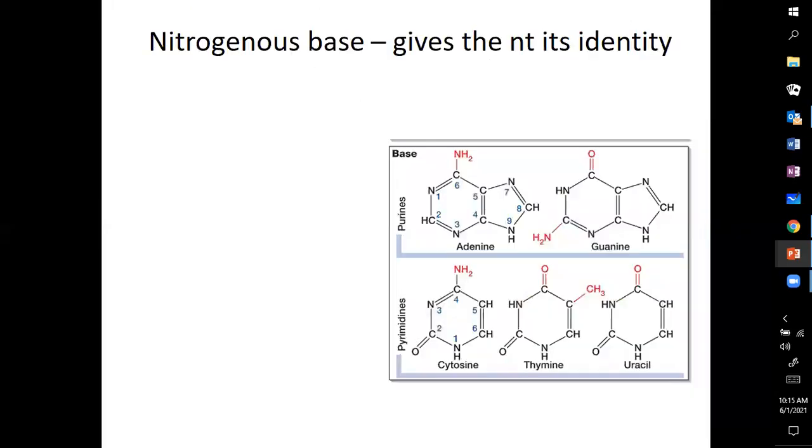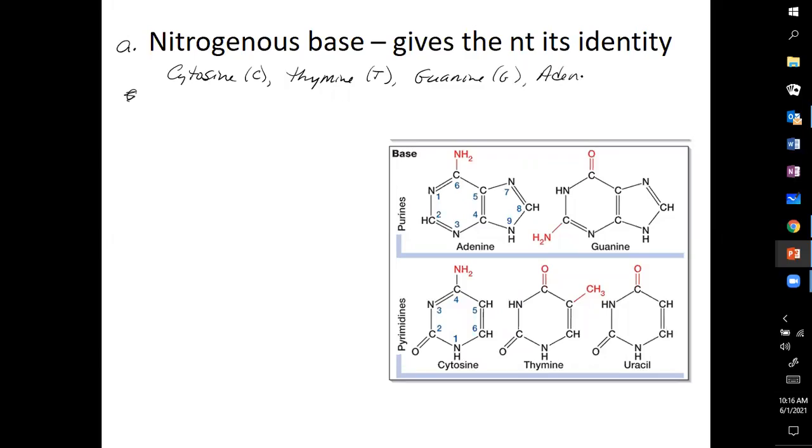So let's talk about those nitrogenous bases and what they're like. They give the nucleotides their identity. There are 5 different nitrogenous bases. There's cytosine, otherwise known as C. There is thymine, T. Guanine, G. Who am I missing?